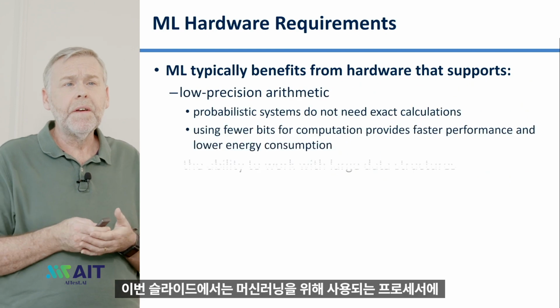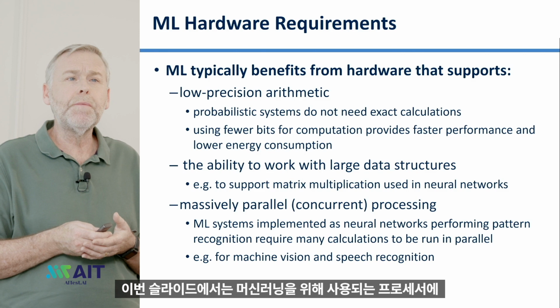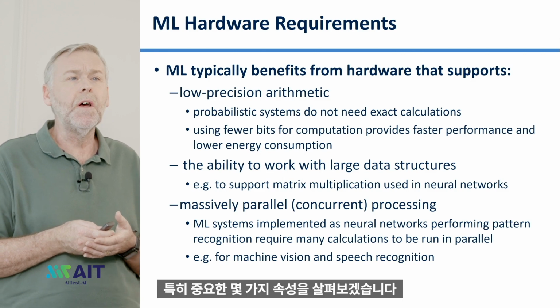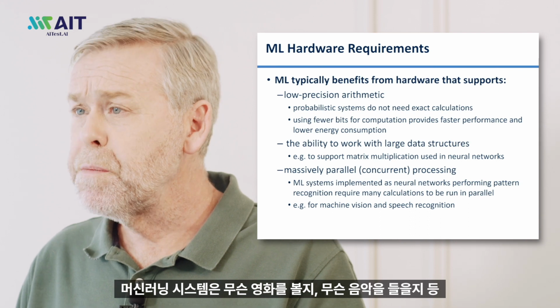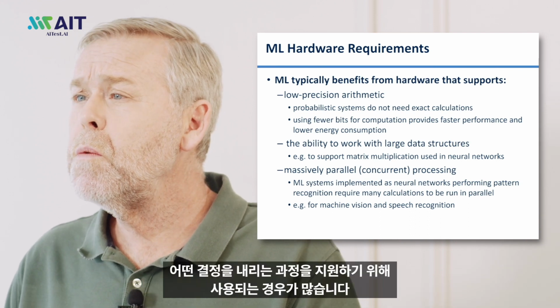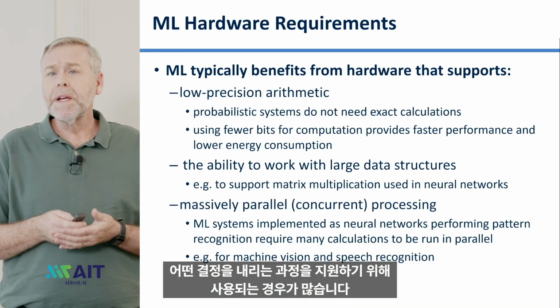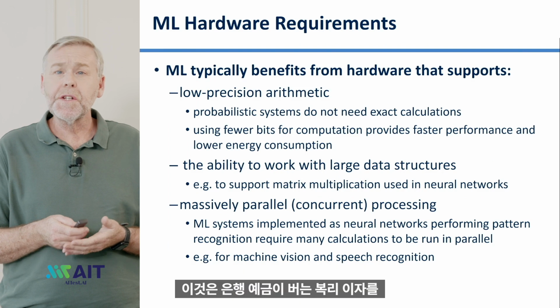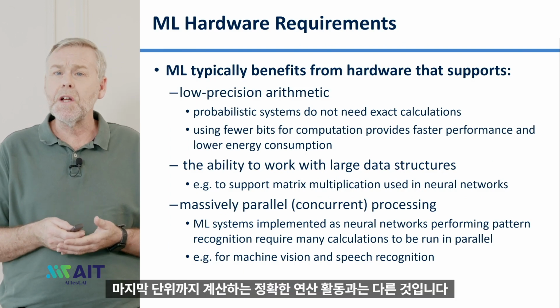On this slide, we consider some of those attributes that are especially valuable for processors used to support machine learning. Machine learning systems are often used to support decision-making, such as providing guidance on what film to watch or what track to listen to. This is in contrast to performing exact calculations, such as determining the compound interest earned on a bank deposit to the last half cent.